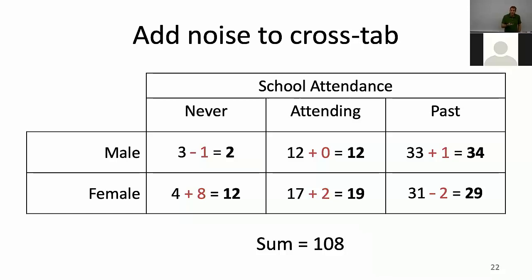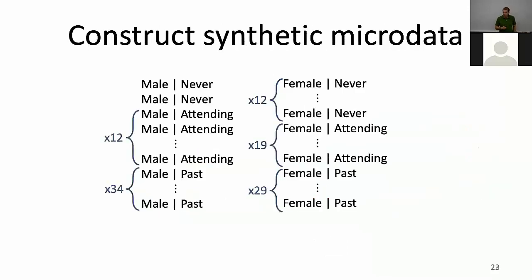You can also take this particular table and construct synthetic microdata out of the values in the cells. So now we have synthetic microdata that sums up to 108 individuals with the characteristics of these people. There's no longer a one-to-one relationship between the 100 people who filled out the survey and the synthetic microdata that we've created.